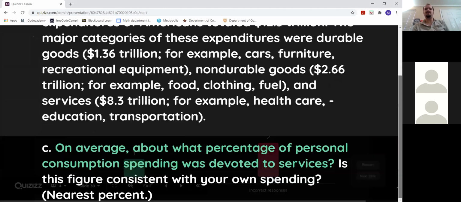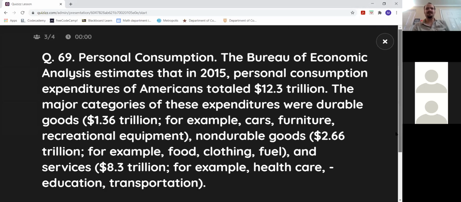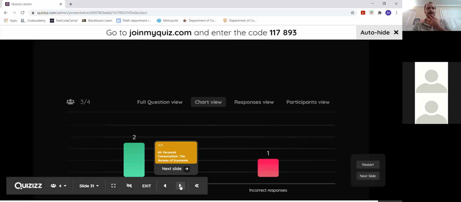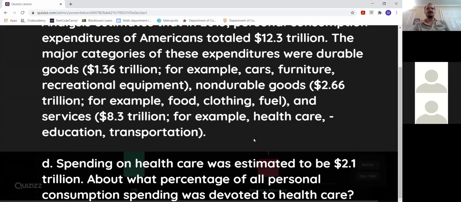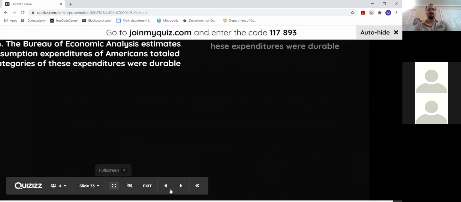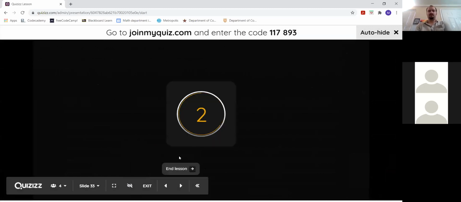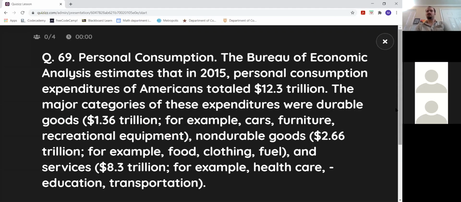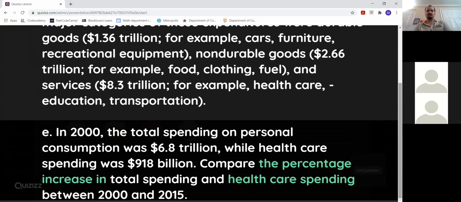Maybe it was the 31. I meant to say 2.1 trillion was healthcare. So 2.1 trillion, and it started at 918 billion.